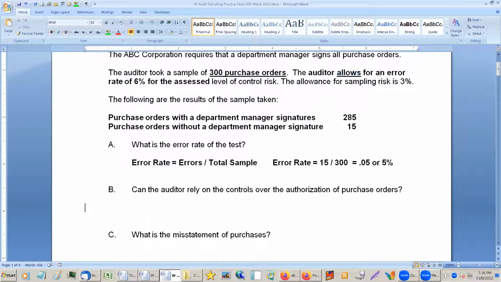So the error rate, would that be 0.08? Oh, 0.08. No, you're right. You can also just take the 5% and add it to 3%.